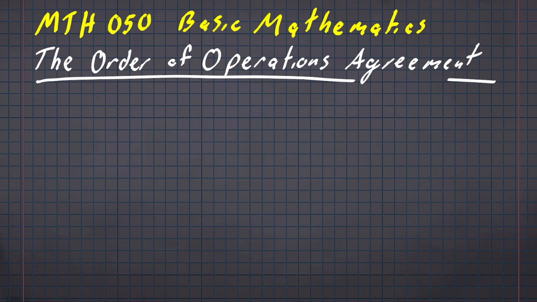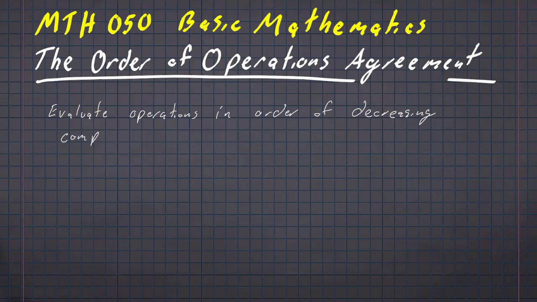So the order of operations involves 3 steps. But I like to think of this as a rule to evaluate operations in order of decreasing complexity.